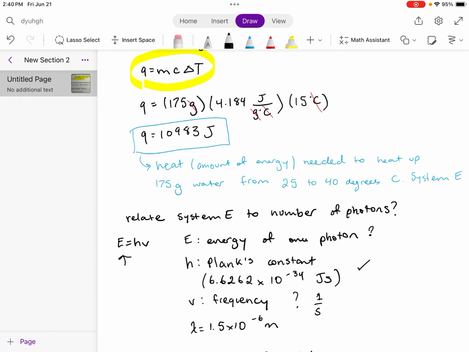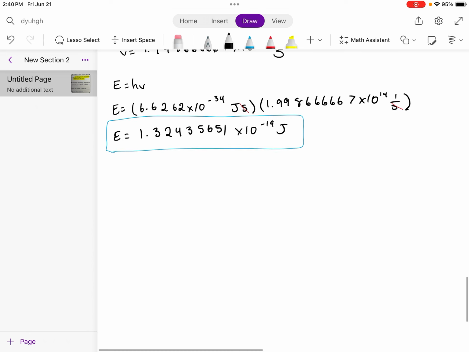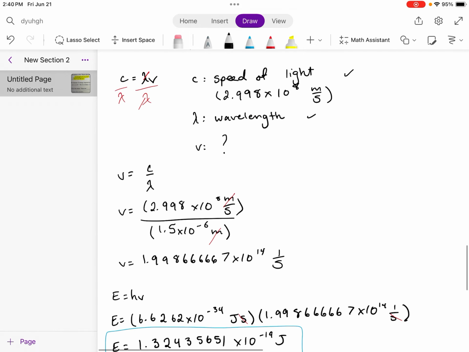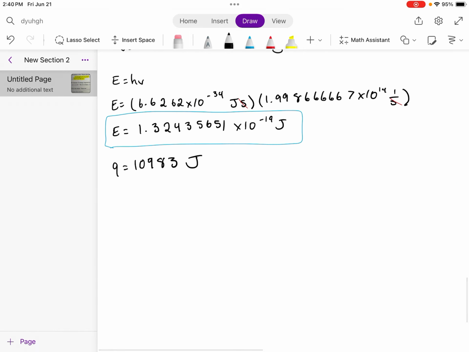So, what was it? 10983. Yeah, was that correct? Cool. So this was the energy of all photons, right? Because it's the system. And this is the energy of one of those photons.